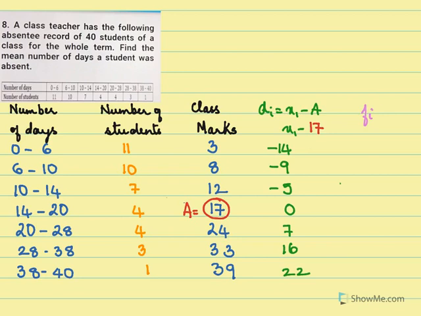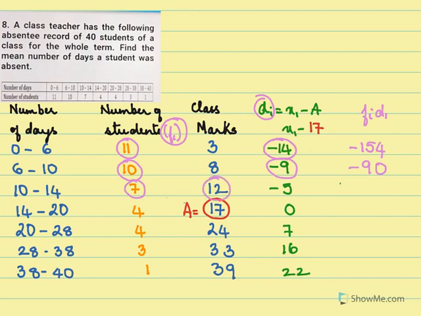The next step is to do fi di, which means we need to multiply. This is fi, and here is our di. We need to multiply fi and di. So in the first case, we need to multiply 11 into minus 14, and that will be minus 154. Then 10 into minus 9, minus 90. 7 into 12.